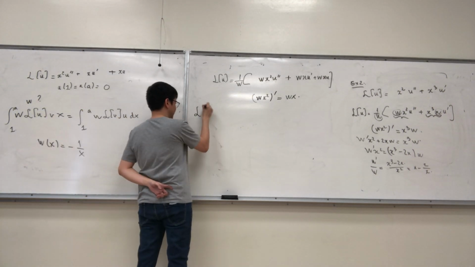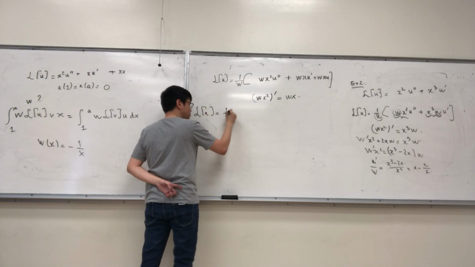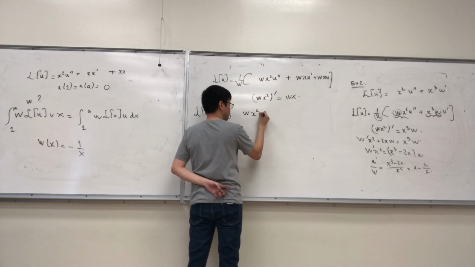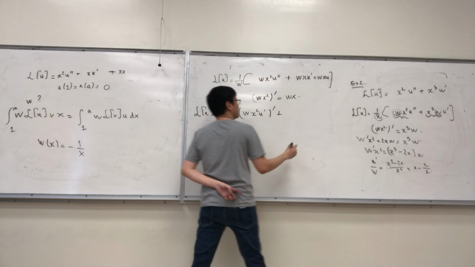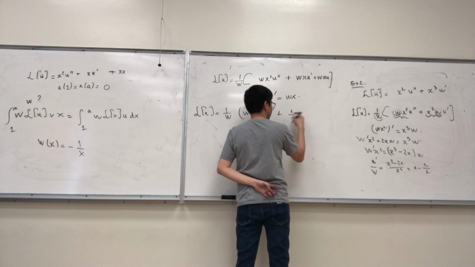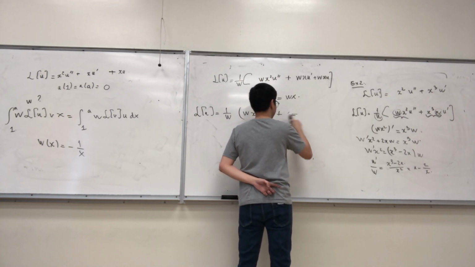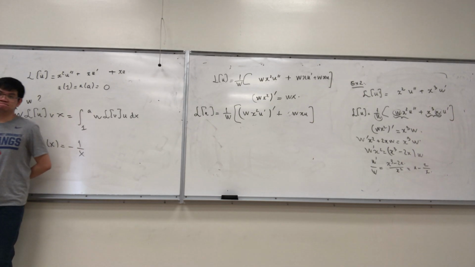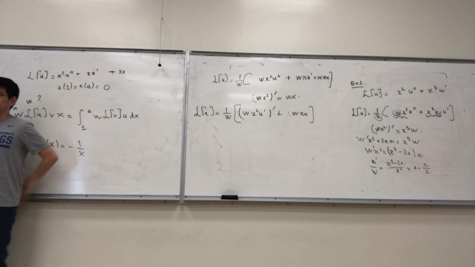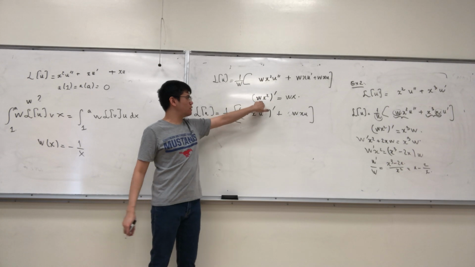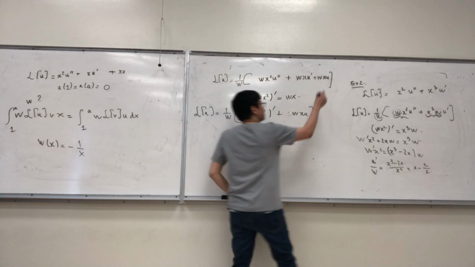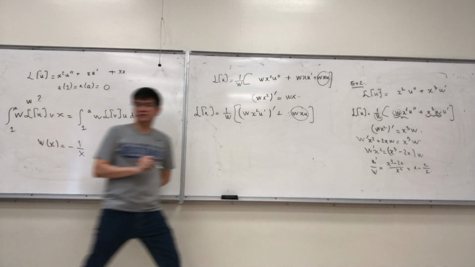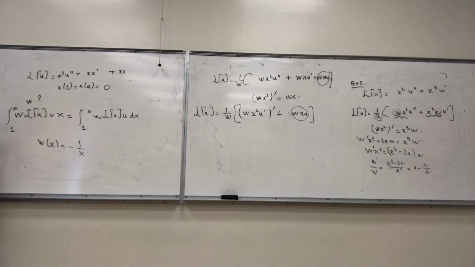So this operator will give me 1 over w times w x squared u' plus w x u. So I still choose w such that (w x squared)' is w x. In this case, you have this term, which doesn't seem to be nice, but I can still claim that this is satisfying.